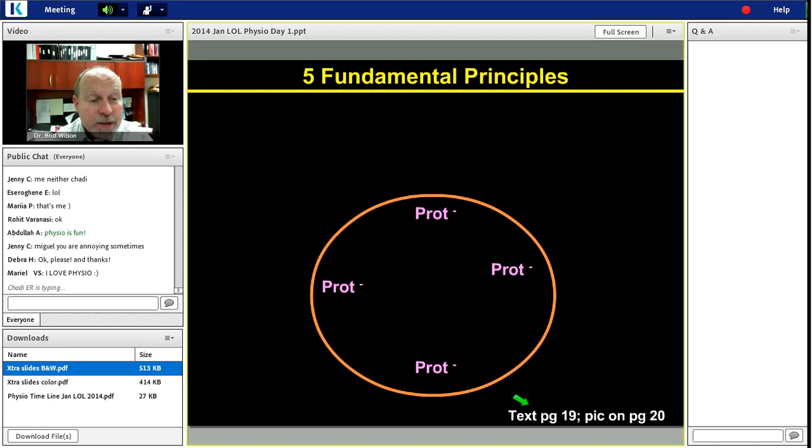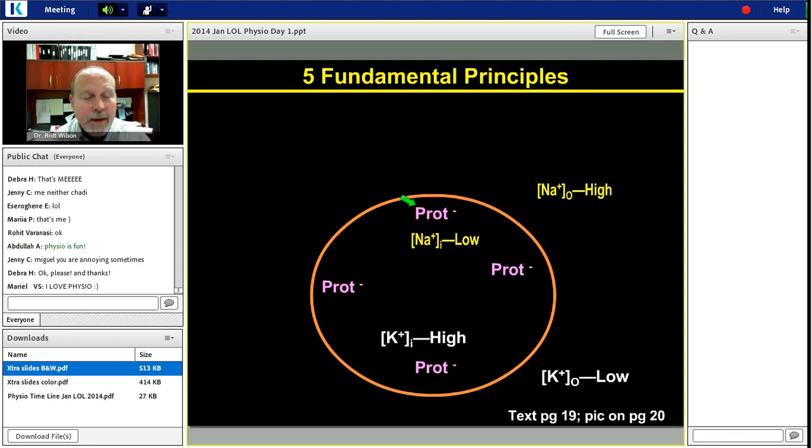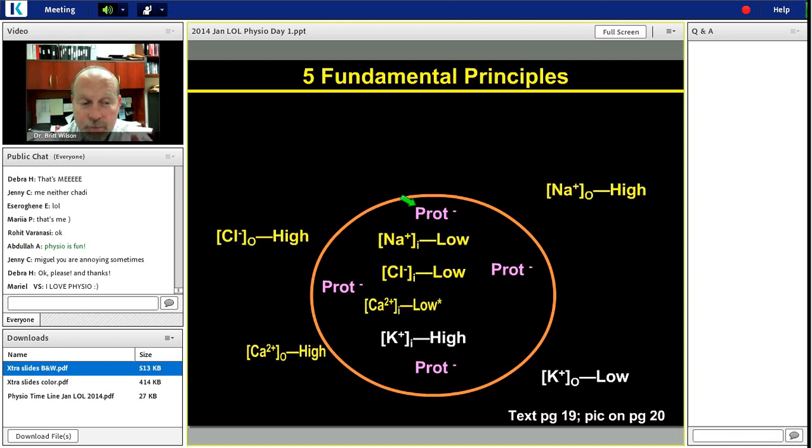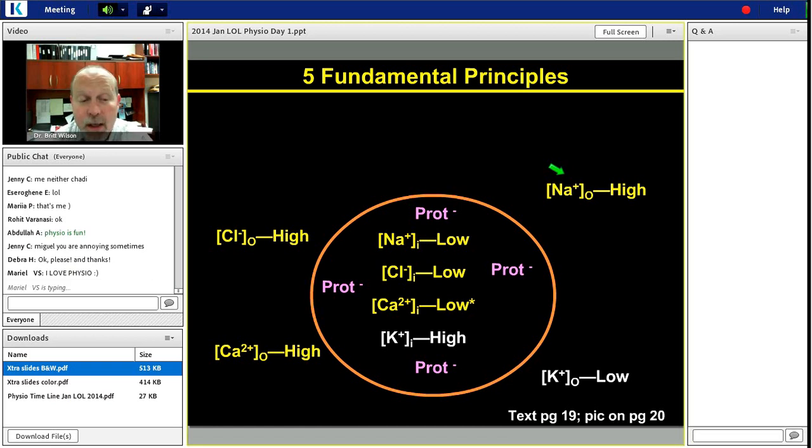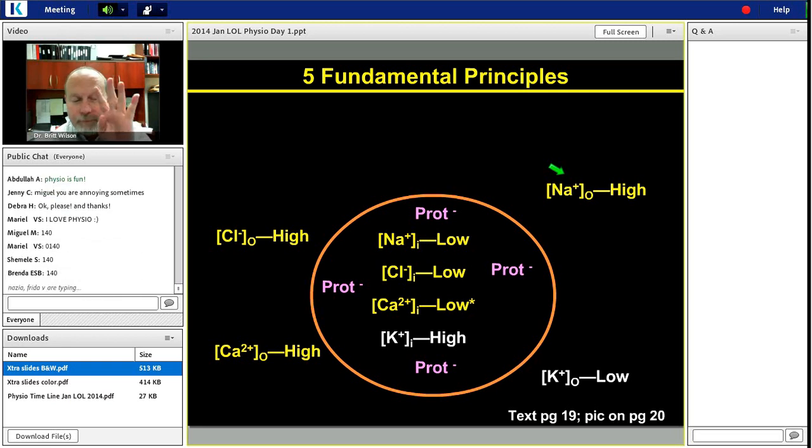Here we go. Here's the cell, physiologist cell, protein on the inside. Proteins have negative charges in general. I'm sure Dr. Turco mentioned that. All right, here's the thing to remember. 4 electrolytes right here. We already know the concentration. What's the extracellular of sodium? 140.